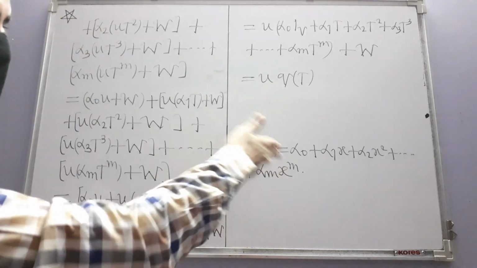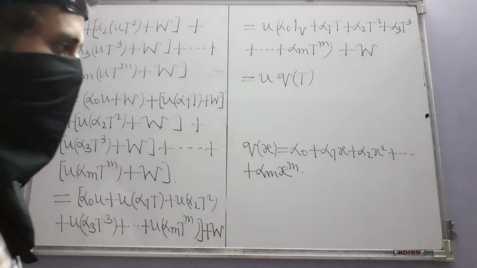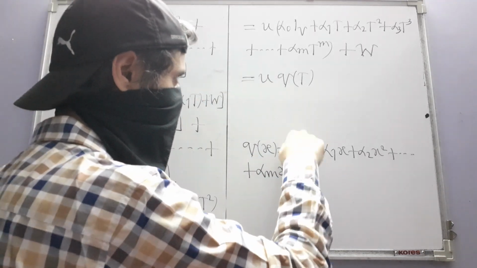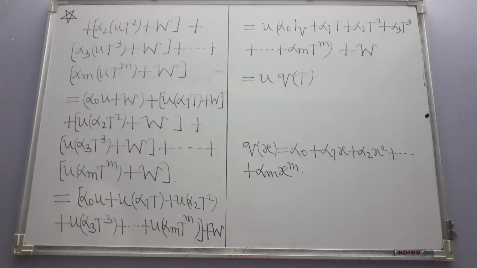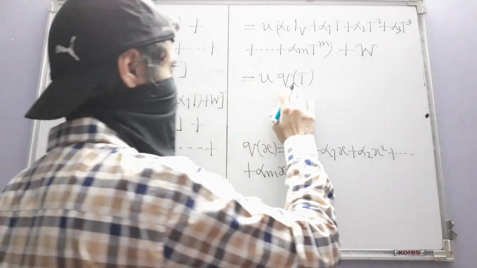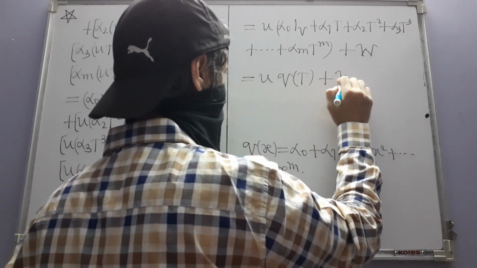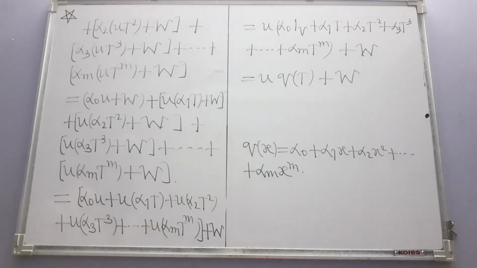So you replace x with t, and here you write the identity operator on V. Okay, so that way you have this, but of course along with that you have W.